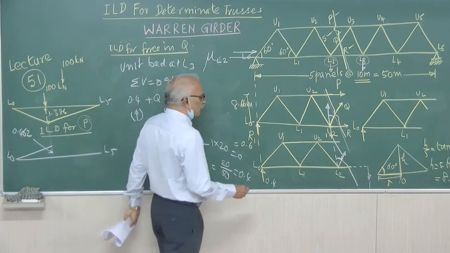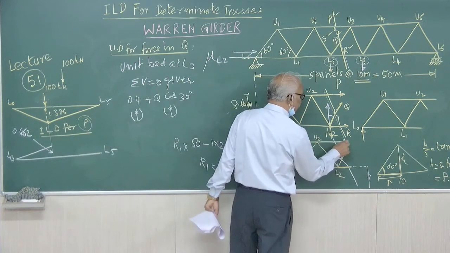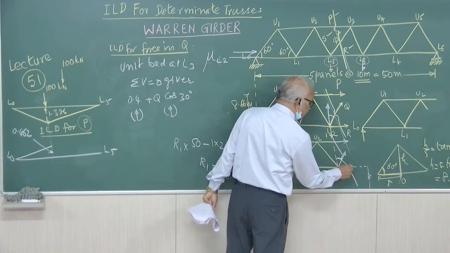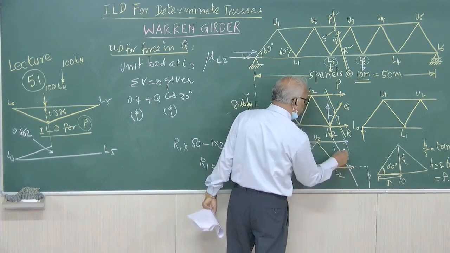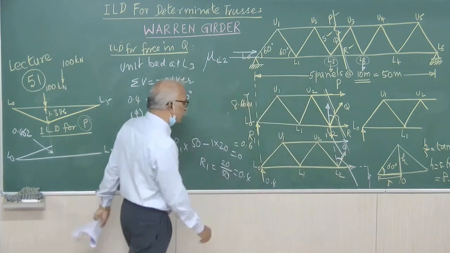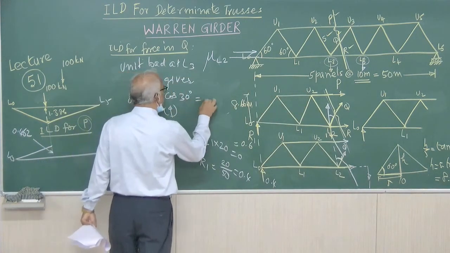And the other two forces are, one is P, that will not cause any vertical component, this is R, that will not cause any vertical component. So, only Q we have accounted. So, this is equal to 0.